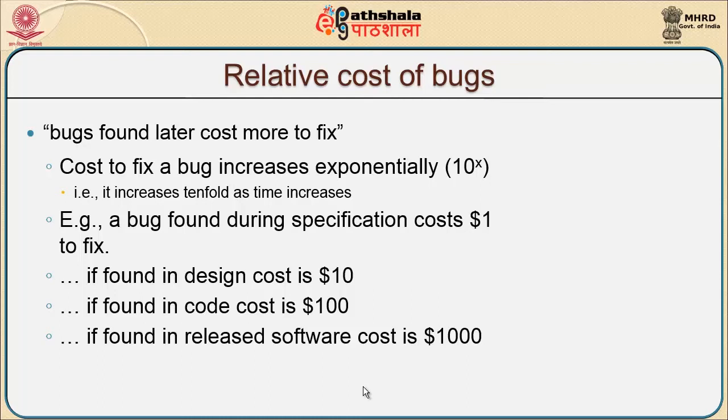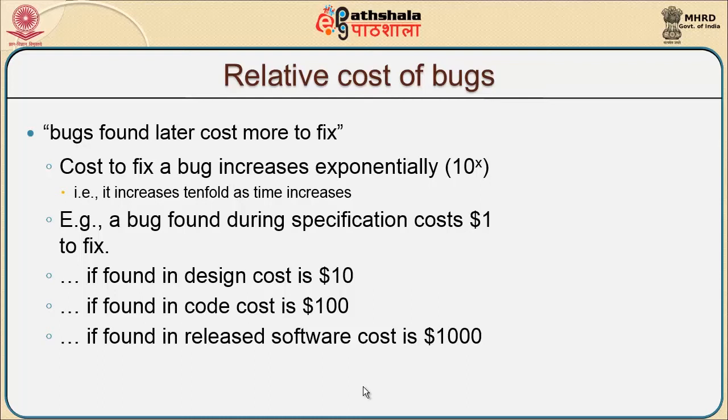So the relative cost of bugs found later is more to fix. The cost to fix a bug increases exponentially, as 10 to the power of x, that is, it is tenfold as time increases. Supposing a bug found during specification costs $1 to fix. So at the time of specification, if I find the bug, $1 is the actual amount to fix it.